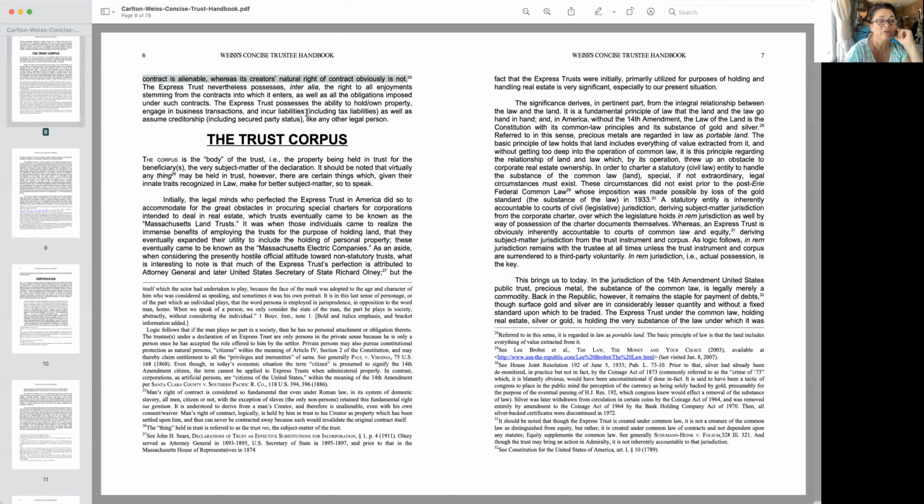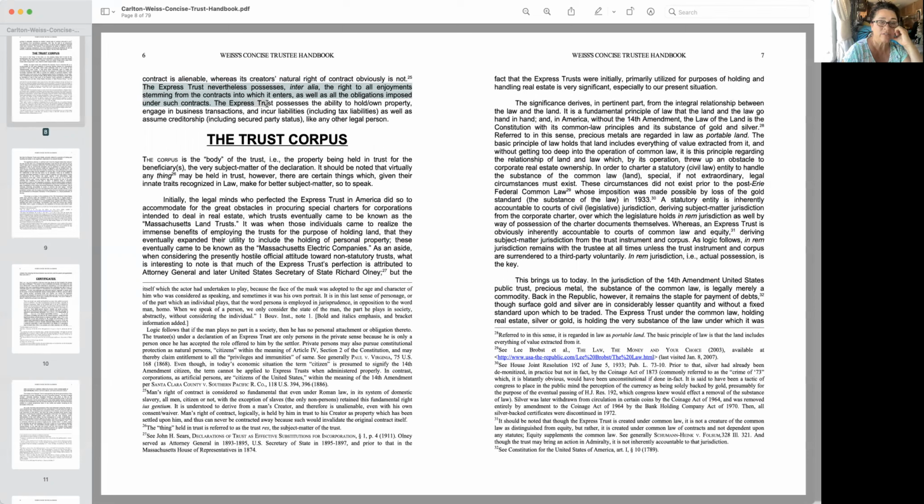alienable, I don't know. The express trust nevertheless possesses inter alia the right to all enjoyments stemming from the contracts into which it enters, as well as all the obligations imposed under such contracts.